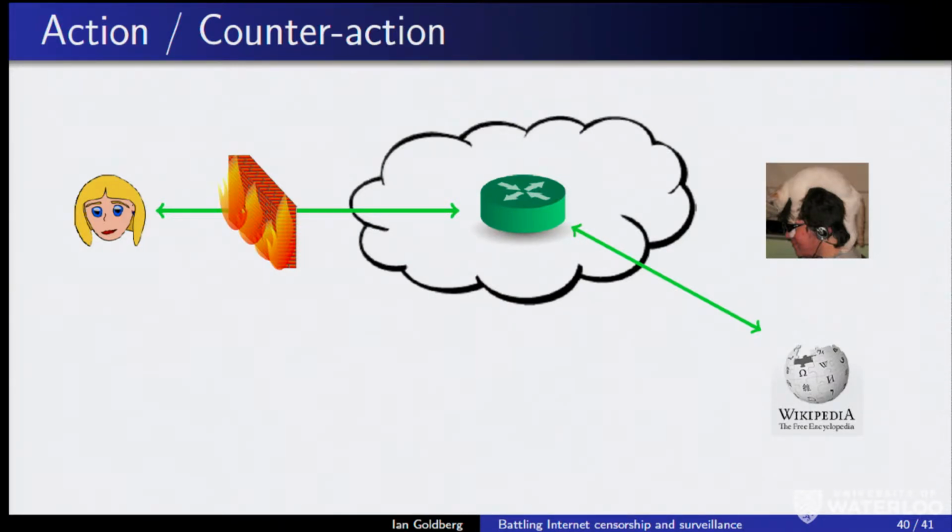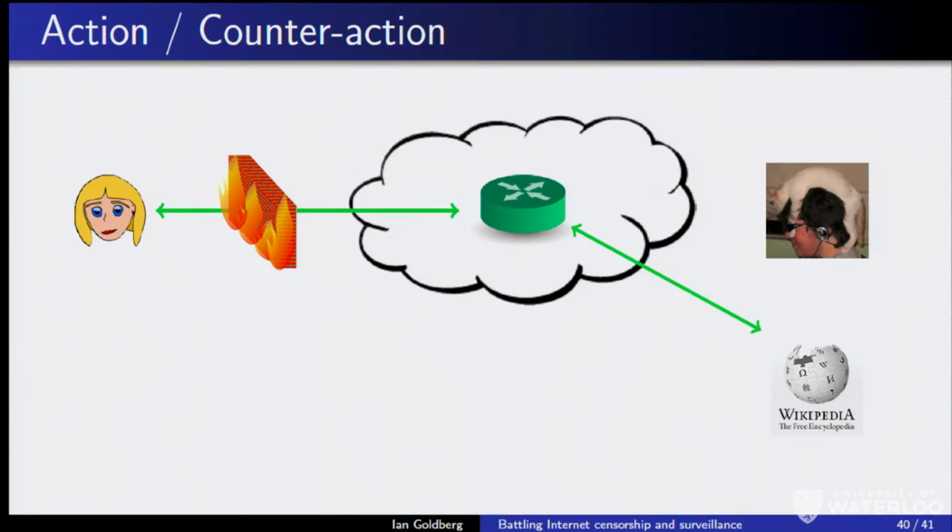I really want to go to Wikipedia. And then this router, instead of sending Alice's traffic to the lolcats website, sends it to Wikipedia instead. But anyone watching this traffic, including this firewall, to them it looks like Alice is talking to the lolcats website. And so the firewall lets the communication through.